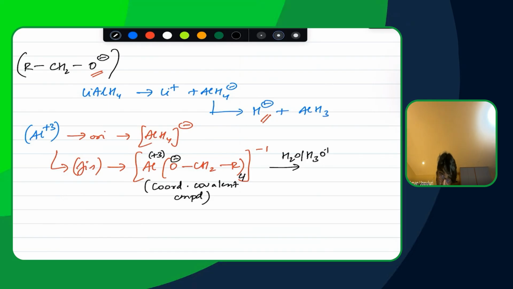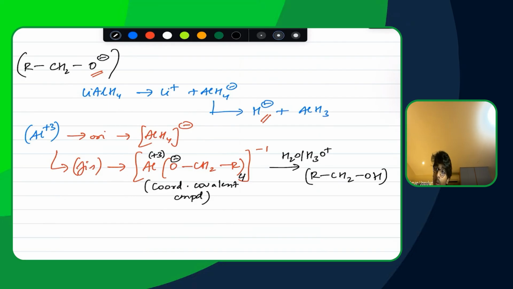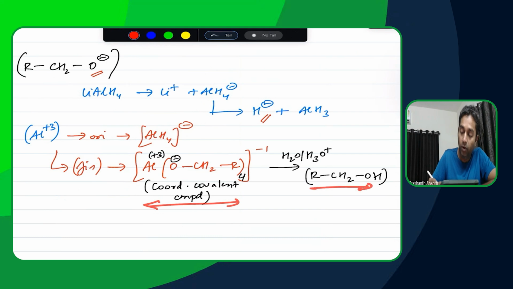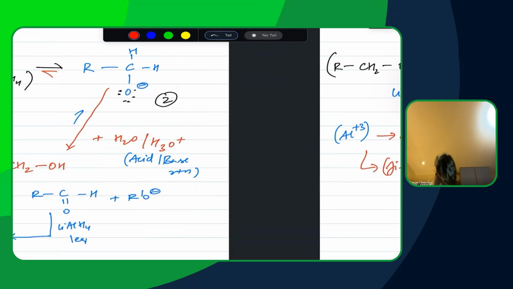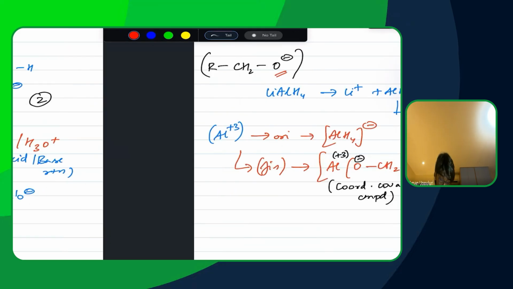Do you understand the idea here? Yes, sir. When we do that, we will end up having RCH2OH, 4 moles. For every 1 full mole of this compound, you get 4 moles of this. Then in that case, won't we need 1/4 moles of LiAlH4?